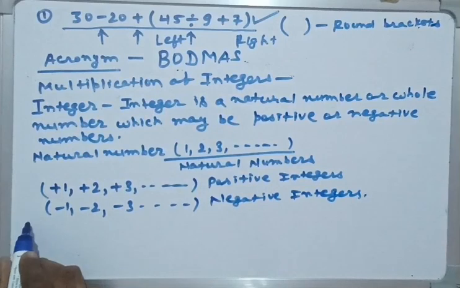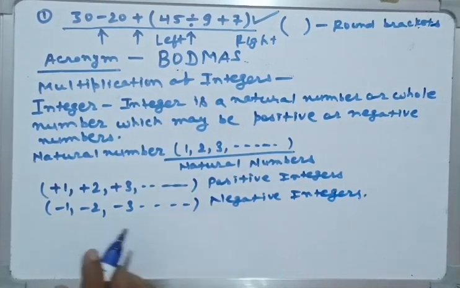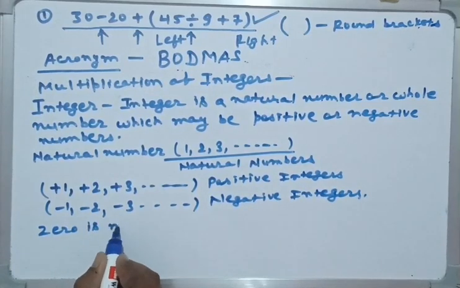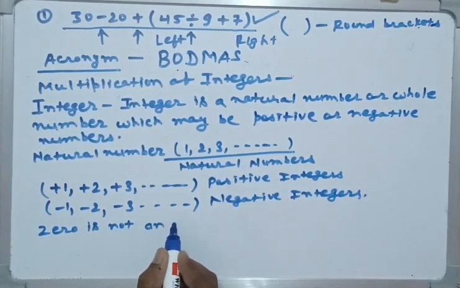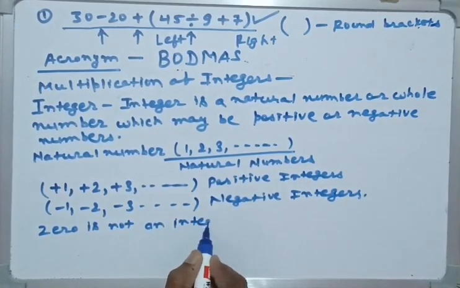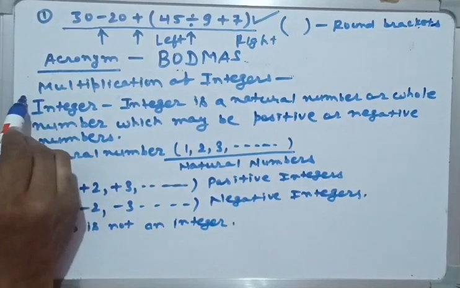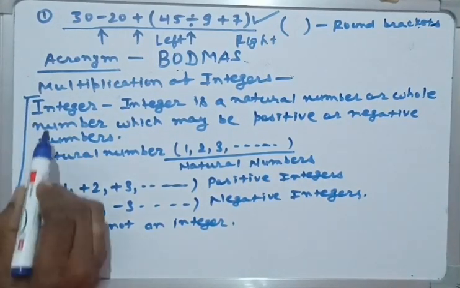Here 0 is not coming, so 0 is not an integer. So this is all about the definition of an integer.